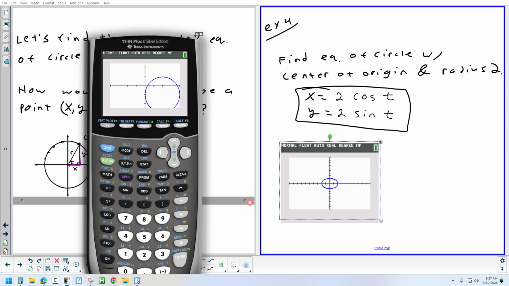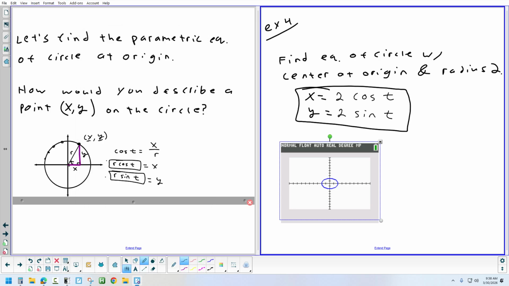So the transformations work a little differently. They're separate. Adding or subtracting to x will shift it left and right. Adding or subtracting to y will shift it up and down, and it's not backwards. Adding will shift it right, subtracting will shift it left, because we're breaking it apart and doing it parametrically. But if you don't add or subtract, it's going to keep the circle centered right at the origin.